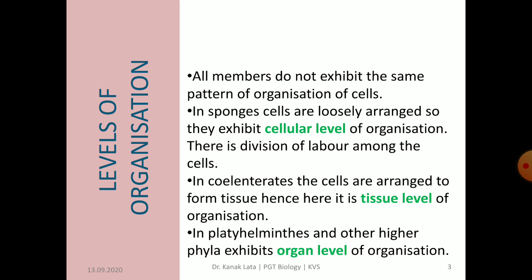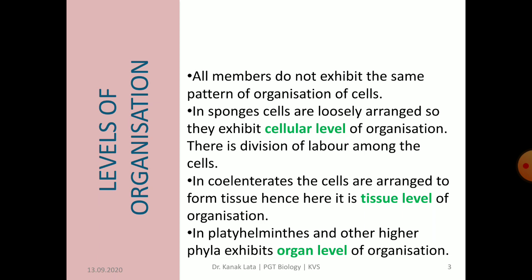In this case, the body consists of many cells, but the cells do not form tissues and the cells are loosely arranged. The cells show some division of labor but cooperate little with one another and are mostly independent.